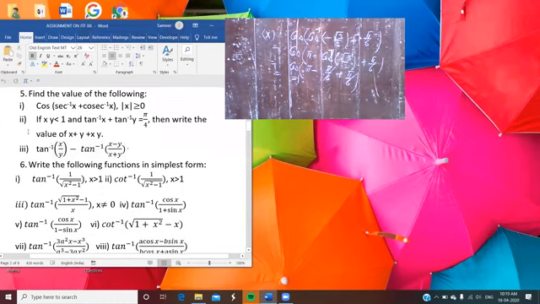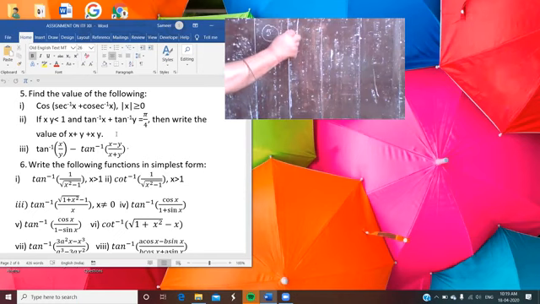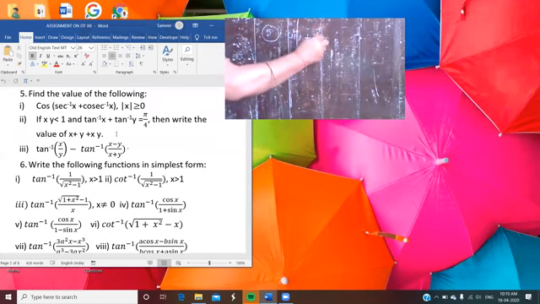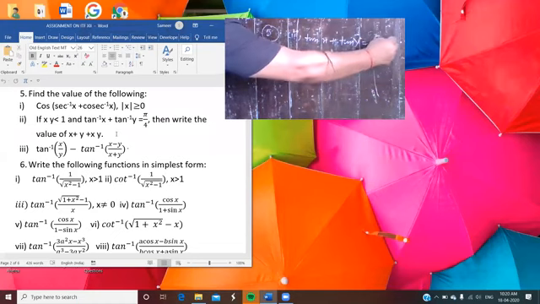Now come to its second part. Here it is given the product xy less than 1 and tan inverse x plus tan inverse y is equal to pi by 4. Then you have to find the value of x plus y plus xy. Just check how you solve this one. Here, tan inverse x plus tan inverse y is equal to pi by 4, and the condition given is xy less than 1.